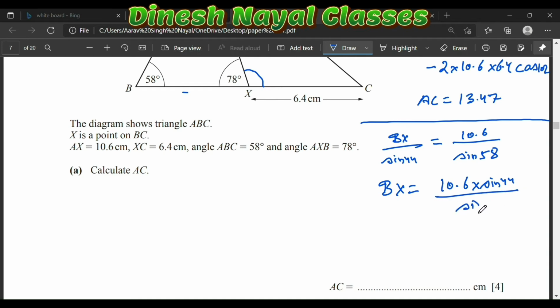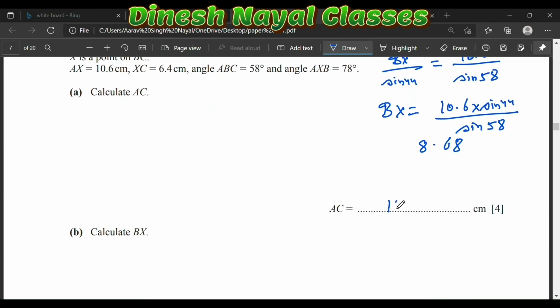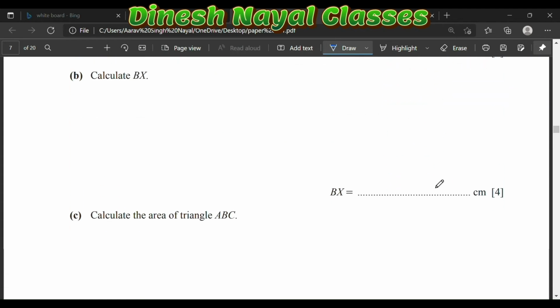Substituting them in a calculator, you will get BX as 8.68 centimeter. Let's write it over here also on the diagram. So this AC we have calculated 13.47 and the BX is 8.68.